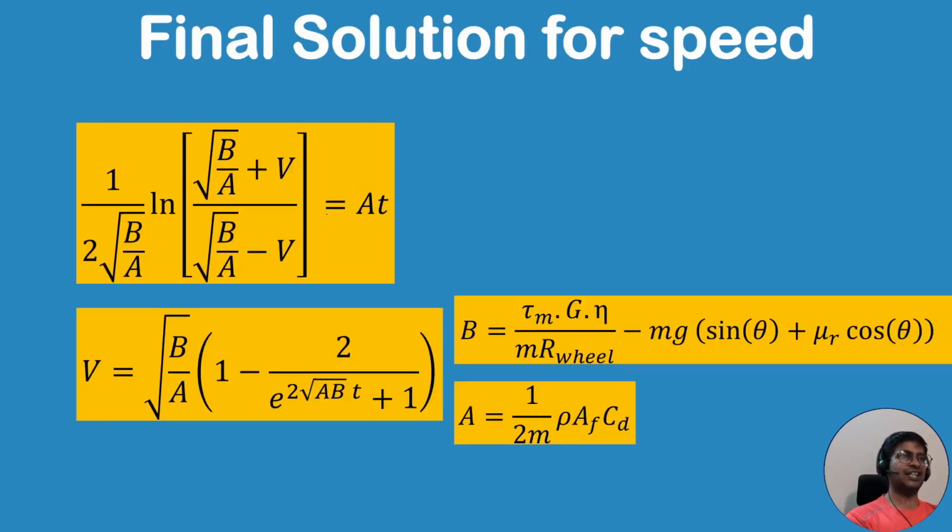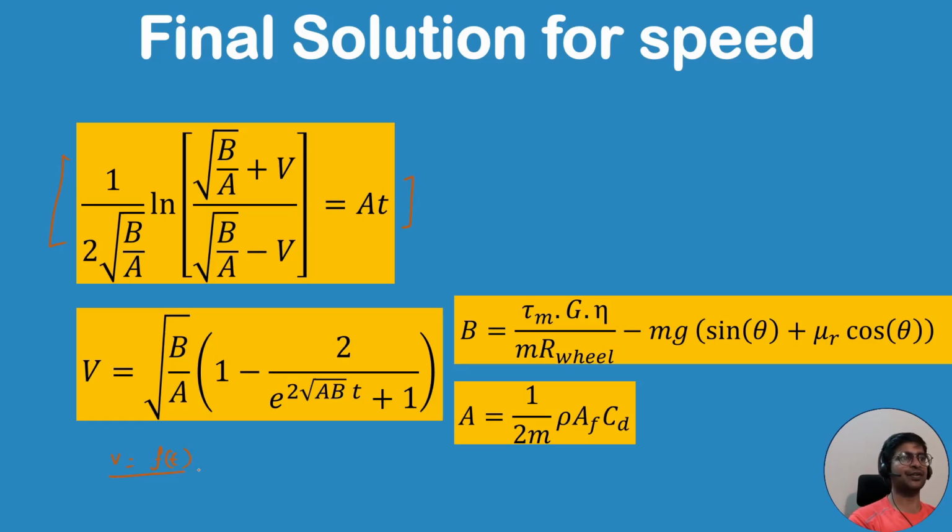Now if we rearrange this entire equation, we get vehicle speed is equal to root over b by a into 1 minus 2 upon e to the power 2 into root over a into b into time plus 1. So now we have v as a function of time t.